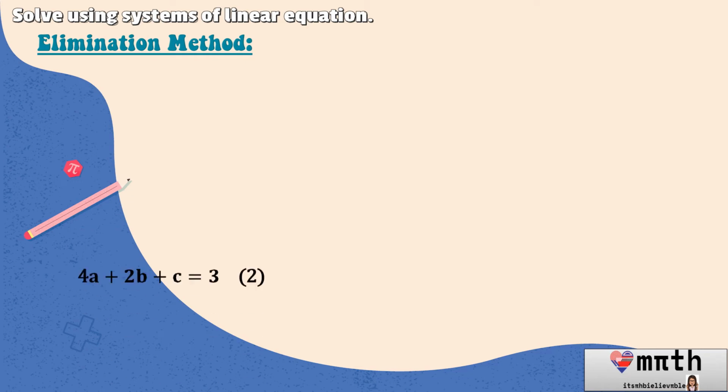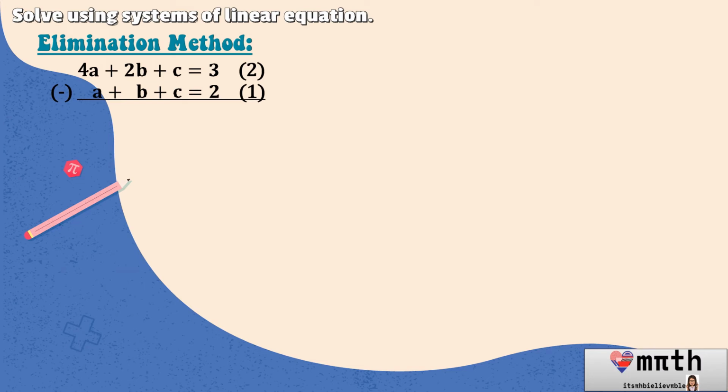If we chose equation 2, which is 4a plus 2b plus c equal to 3, and equation 1, which is a plus b plus c is equal to 2, if we're going to eliminate that one, 4a minus a will be equal to 3a, 2b minus b, that will be b, and c minus c will be cancelled out, and 3 minus 2 is equal to 1. So 3a plus b is equal to 1 will be our equation number 4.